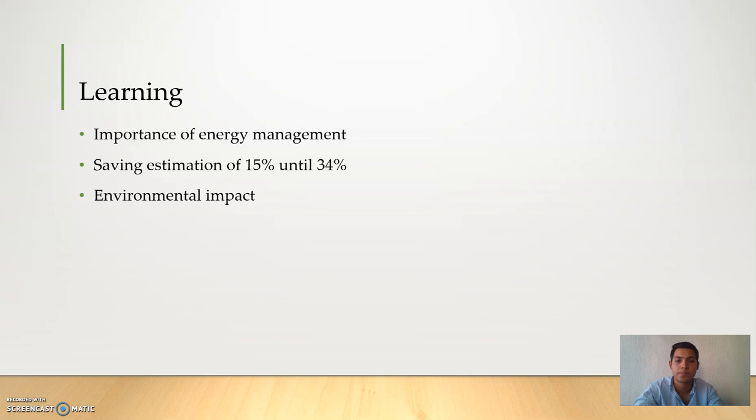Also, we didn't consider a lot of data because LumenIQ doesn't show us complete data of all the streetlights. So that means we can save more than the estimation. And there is a big environmental impact: with this we save more than 10 tons of CO2 a year.